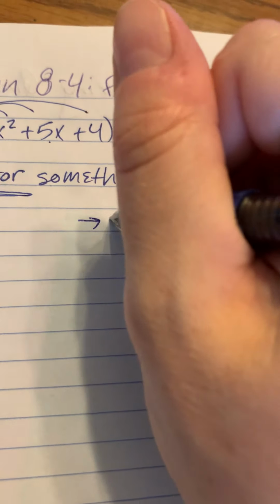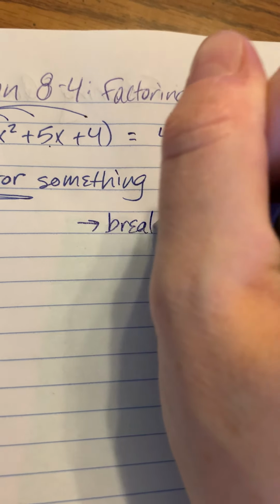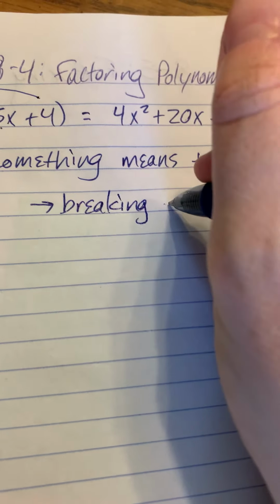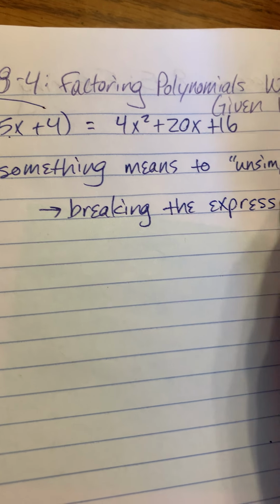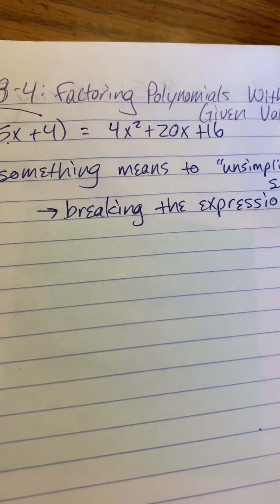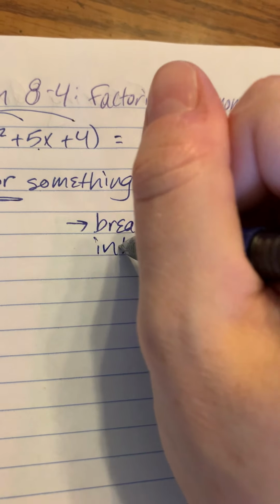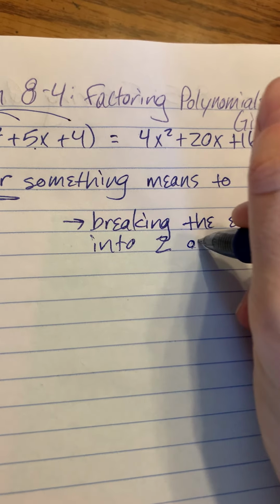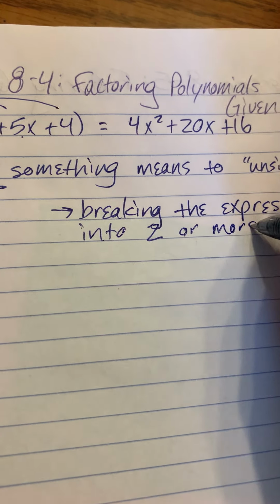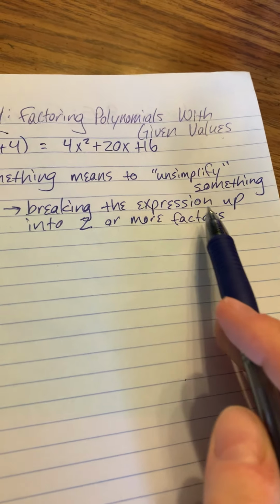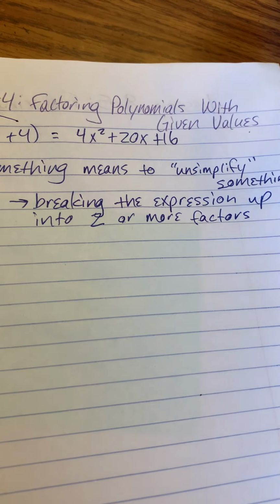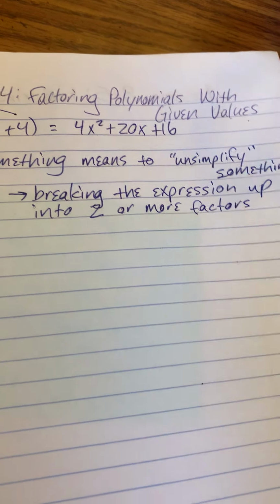You're breaking the expression up into two or more factors. The way that I'm writing this lesson, I'm going to give you what that factor is that I want you to break out.